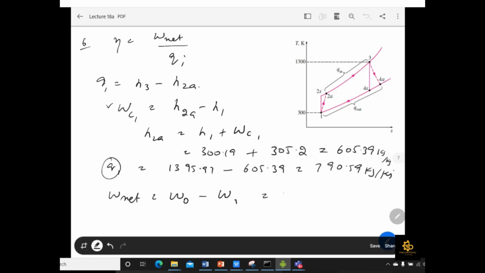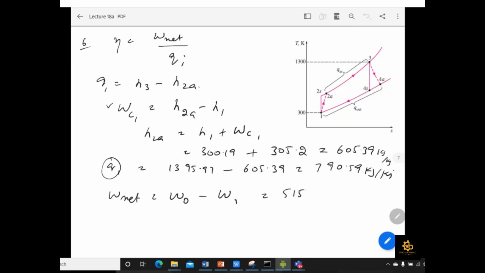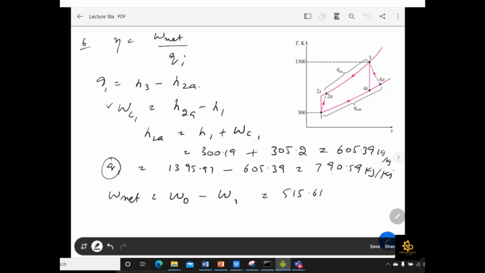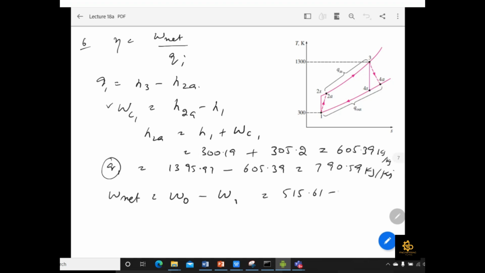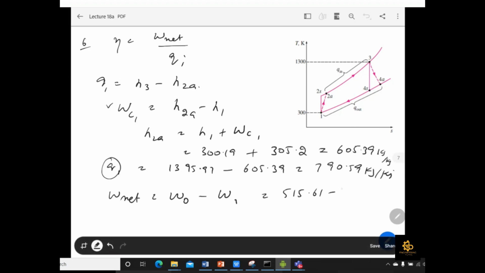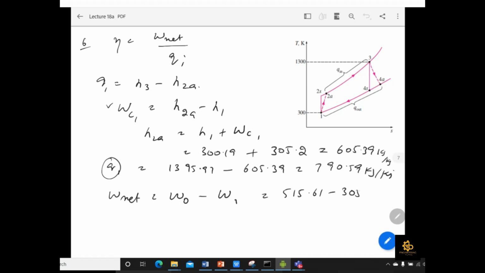W out is 515.61, which we already found in part A, and the actual compressor work is 305.2. Solving it, it turns out to be 210.41 kilojoule per kg. Now we have W net actual and Q in actual.